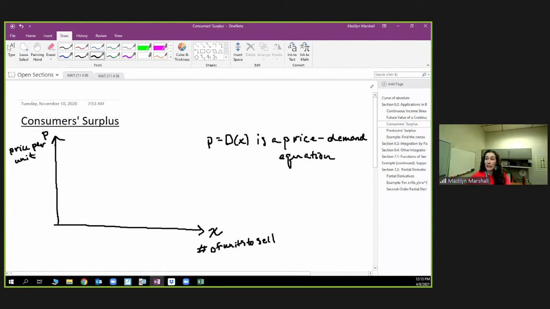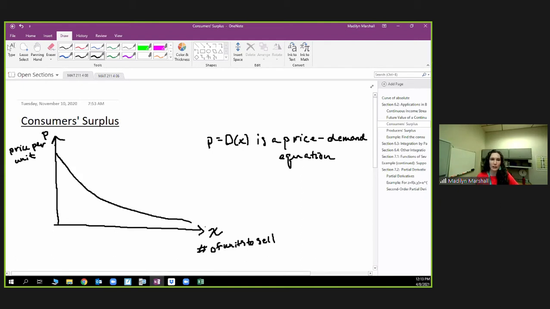We have seen price demand equations in this class, especially when we're doing revenue. We have the relationship between the number of units we're going to sell and the price that we're selling them at. In general, a price demand equation is going to decrease in some way.